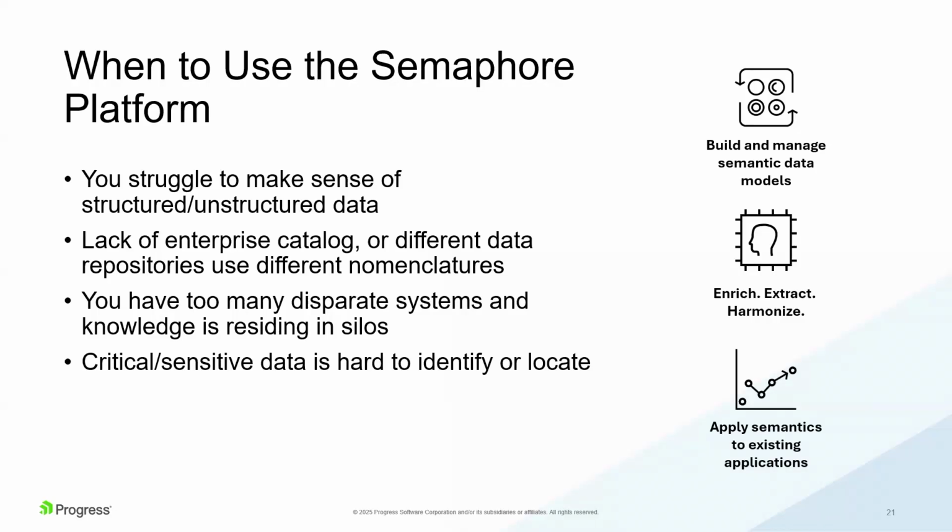One of the platform's core strengths lies in the ability to integrate semantic insights directly into existing applications, giving context to the data so that it can be interpreted correctly without ambiguity and without much people dependency in place. Right? So integrating Semaphore with the Progress Data Platform allows these capabilities to scale across different data sets, providing robust context, structure, and governance to everyday business operations.